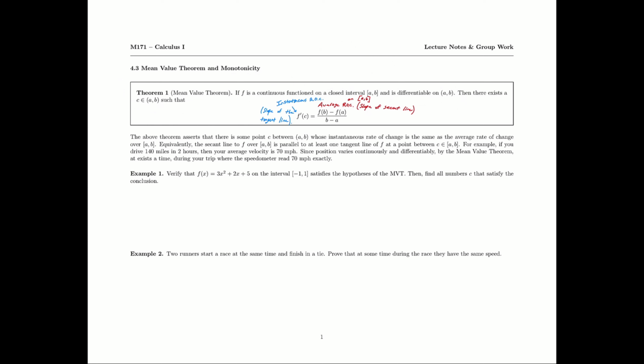So effectively what the mean value theorem says is take any little interval on your graph. If you've got a graph that's differentiable, just take a look at a portion of it, maybe right here. If we draw the secant line from one point to the end point, there is at least one point in the middle where the tangent line is parallel to this secant line.